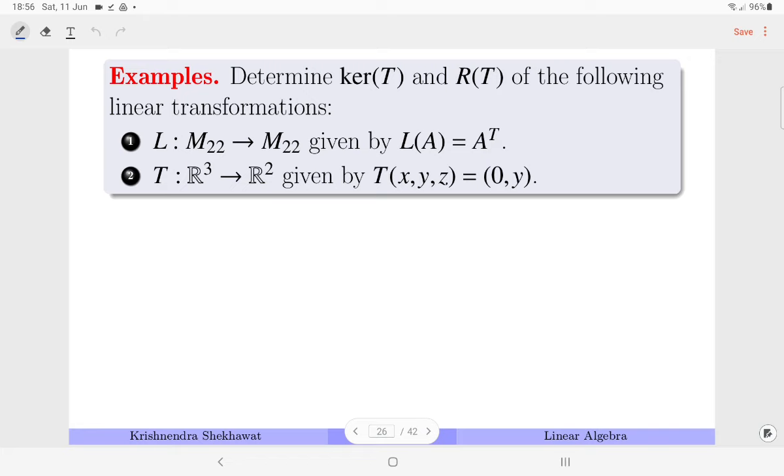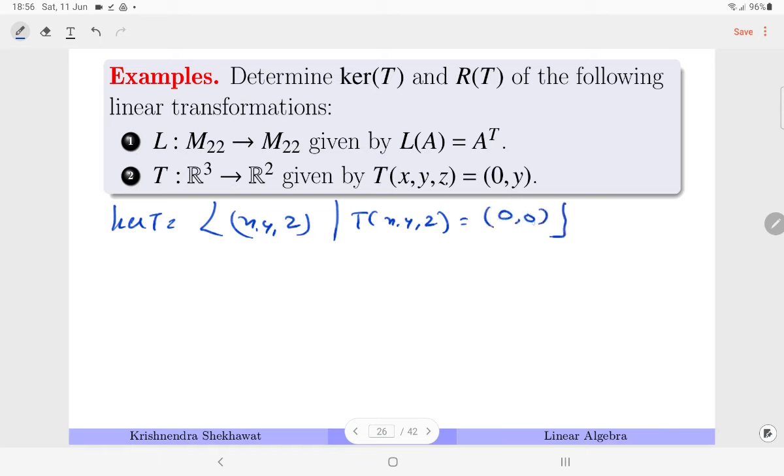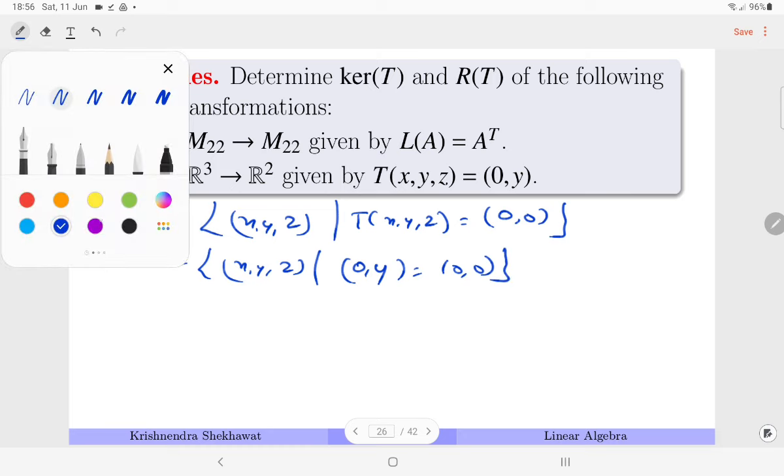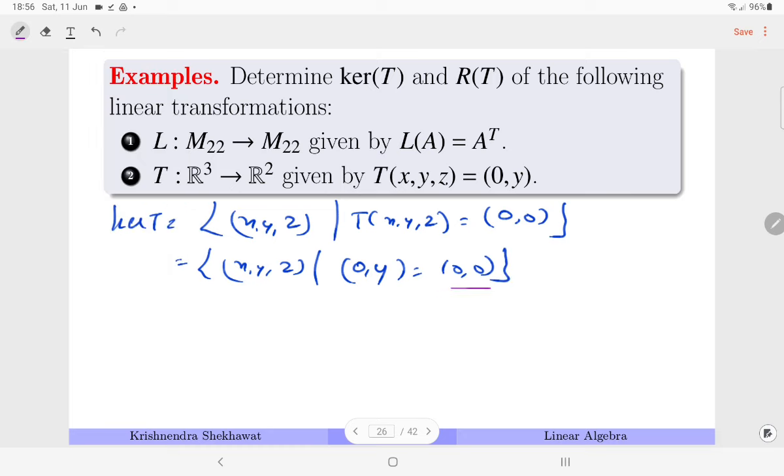T of xyz is equal to 0, y. So kernel T is all those xyz for which T of xyz is the 0 vector of R2, which is 0, 0. So this gives me all those xyz for which 0, y is equal to 0, 0, and this implies that y is equal to 0.